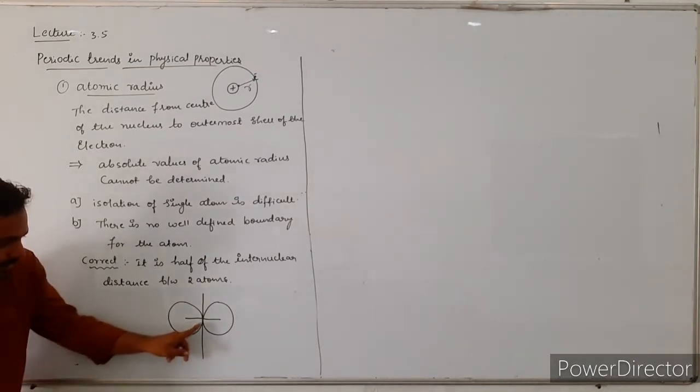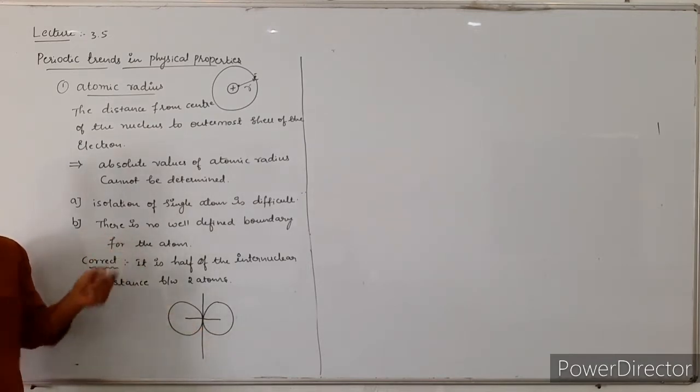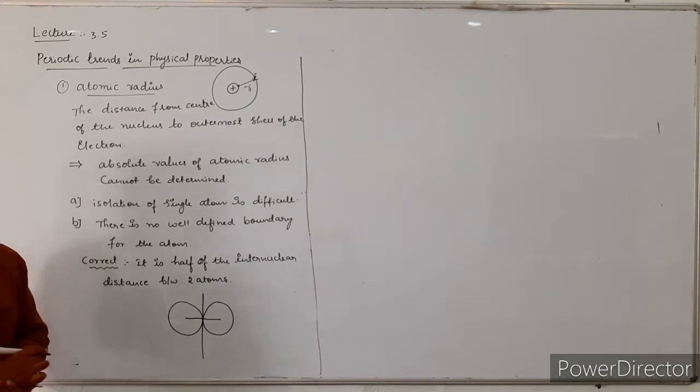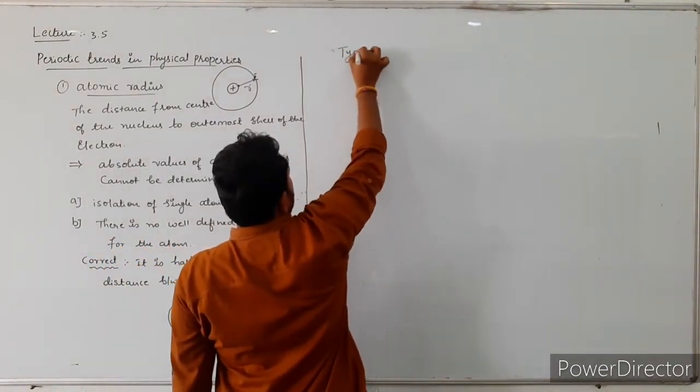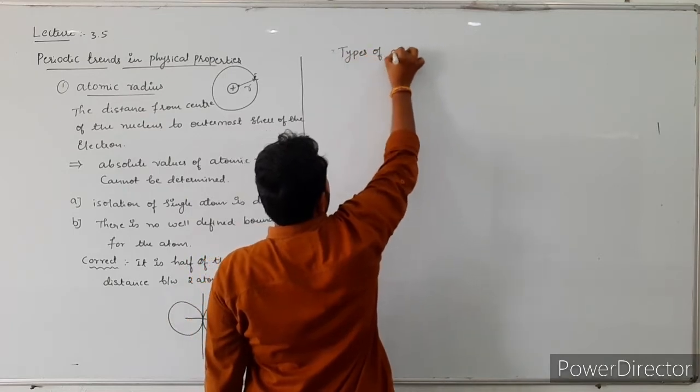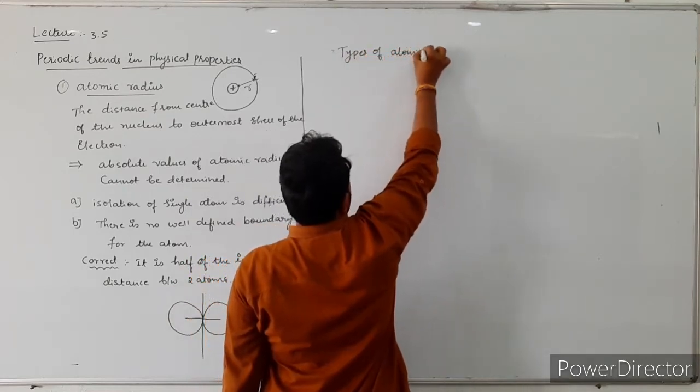Depending upon the type of bond between atoms, atomic radius is classified into three types.